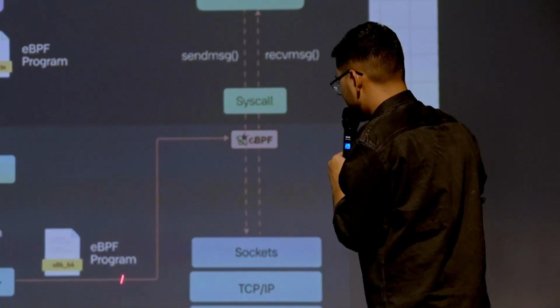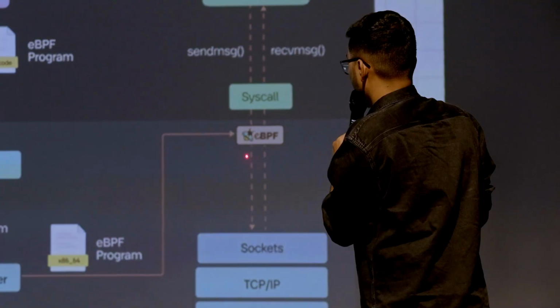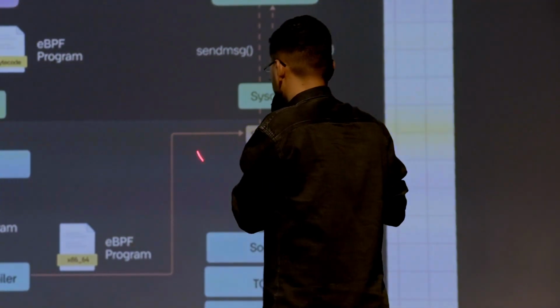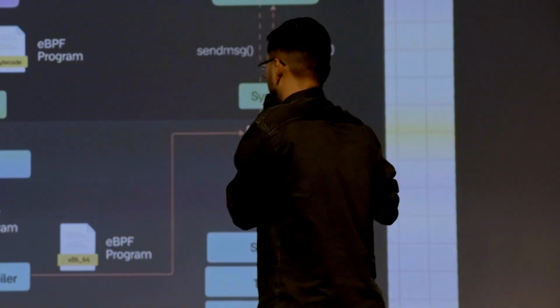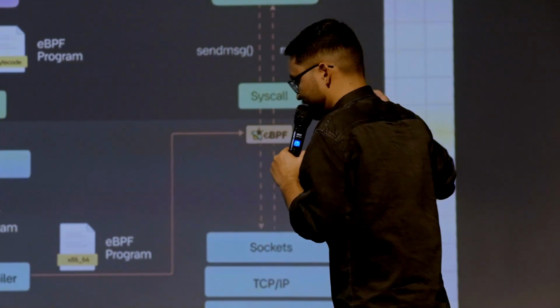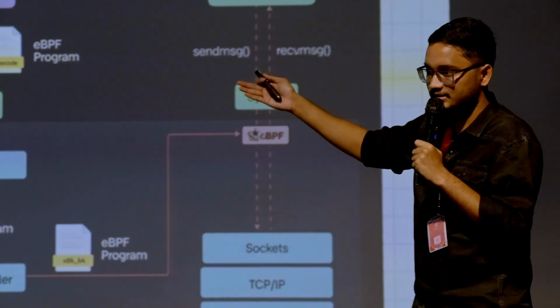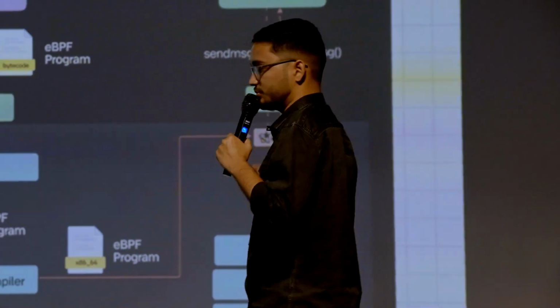And this eBPF code hooks itself to different system calls, such as network sockets, disk I/O, different kernel events, and user space probes as well.